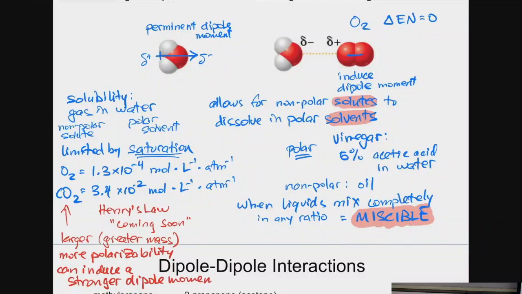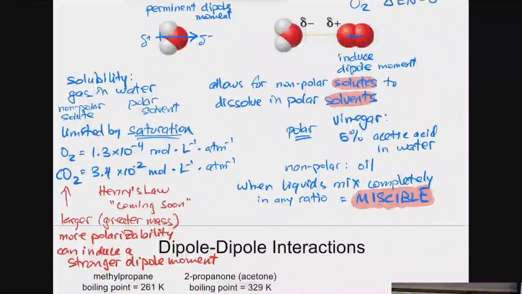But if we just looked at the dipole that can be induced, how polarizable are the electrons in O2? How polarizable are the electrons in CO2? You can see that you can induce a stronger dipole in CO2. Therefore, it's going to be more like the polar solvent than O2 will be, which means you can get more of it dissolved. All right? So hopefully it's starting to make more sense.